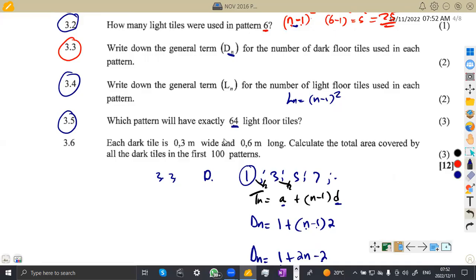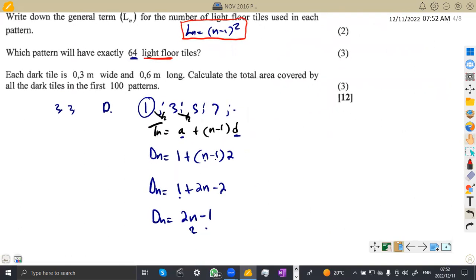Okay, which pattern, which means they're actually asking you the value of n for the light. So you are going to take the expression, take note, this is for the light floor tiles, and this is the general expression for the light tiles. Okay, so let's write our general expression. So this is 3.5. All right, the general expression for the light tiles is given as n minus 1 squared.